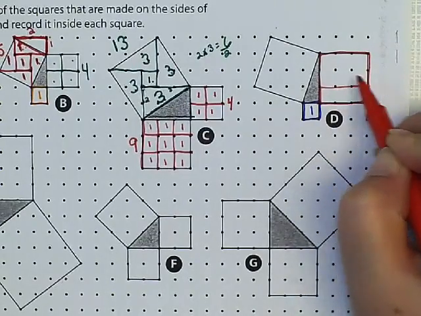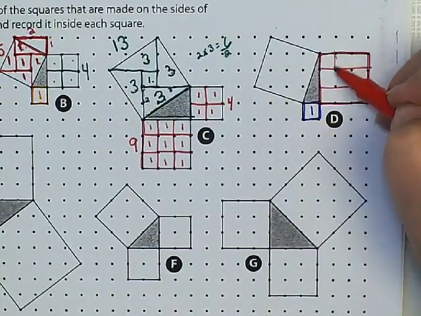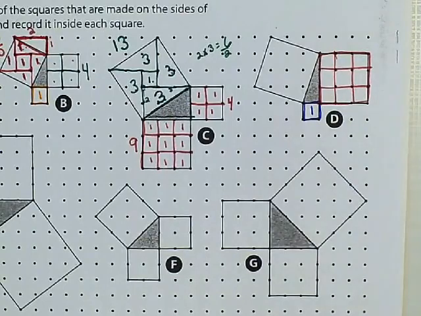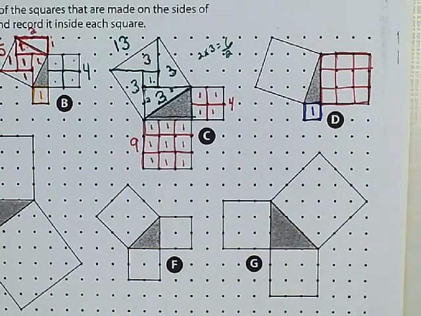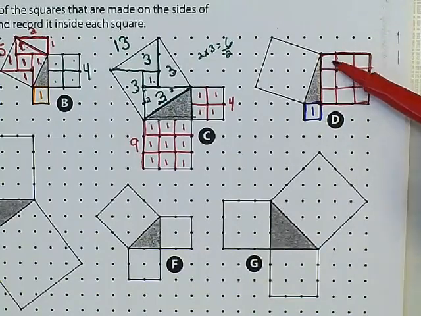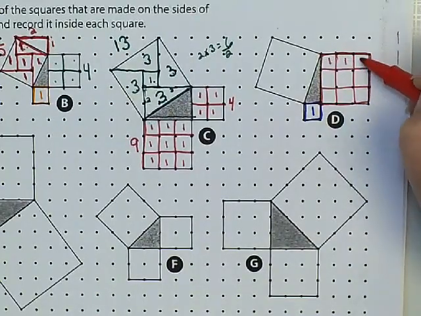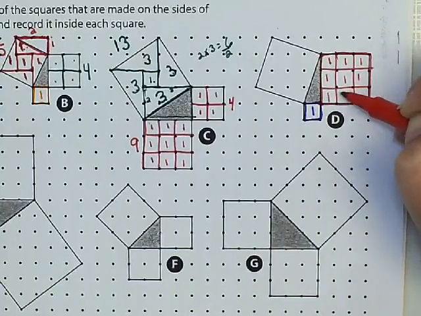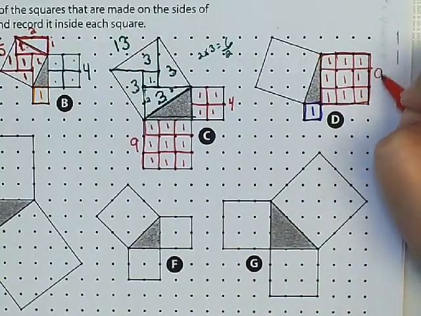And we have an area of what? What did you get for this one? So you should have got 1, 2, 3, 4, 5, 6, 7, 8, 9 for this one. Good.